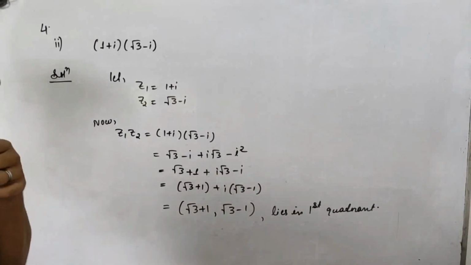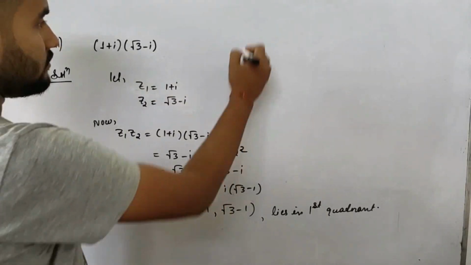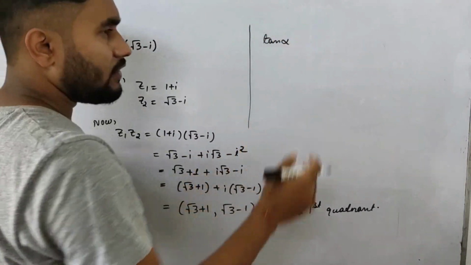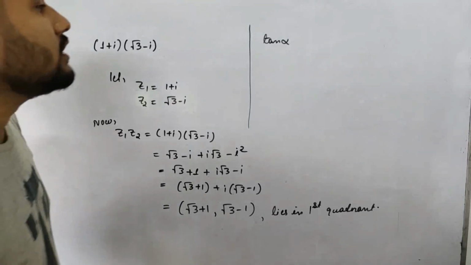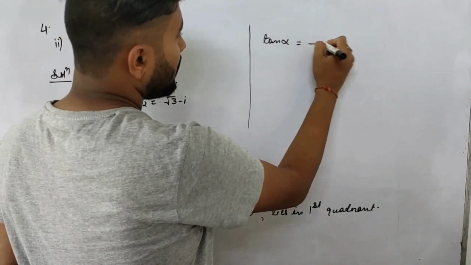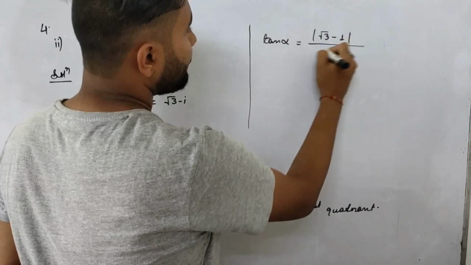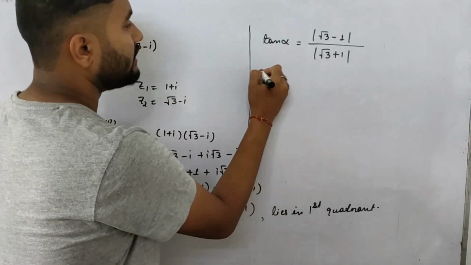So if it lies in the first quadrant, let us find theta, which will be equal to alpha, right? We know the formula. Whatever it will become, alpha will be your theta, because alpha and theta are in the same triangle itself. So tan alpha will be equal to modulus of (root 3 minus 1) by (root 3 plus 1).